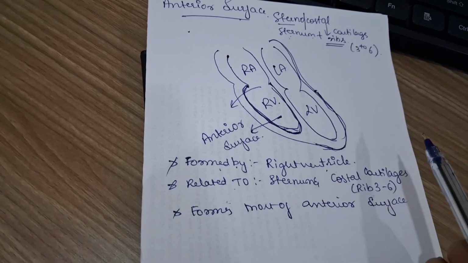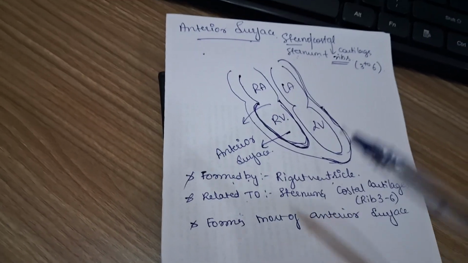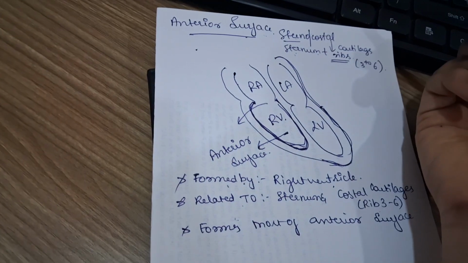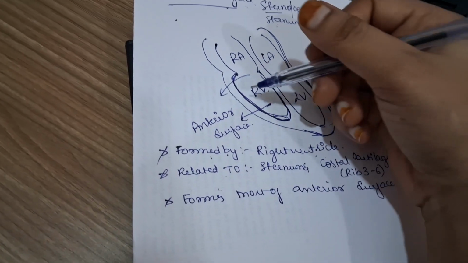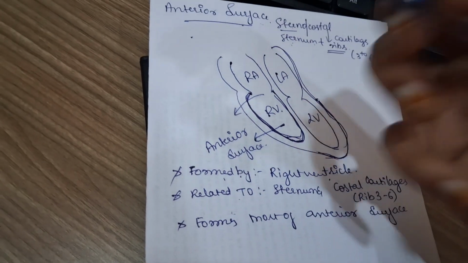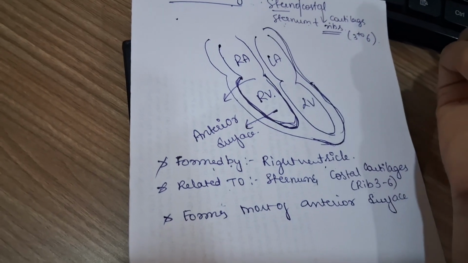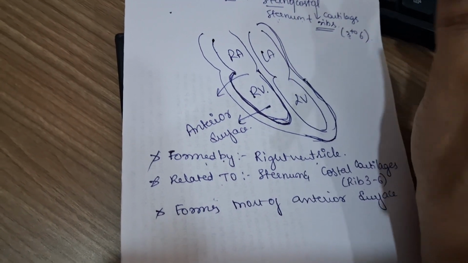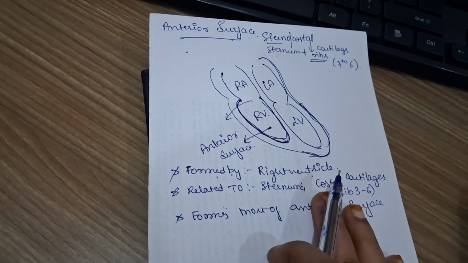So the right ventricle is close to the sternum and the costal cartilages, or ribs, from 3rd to 6th rib. Understood?